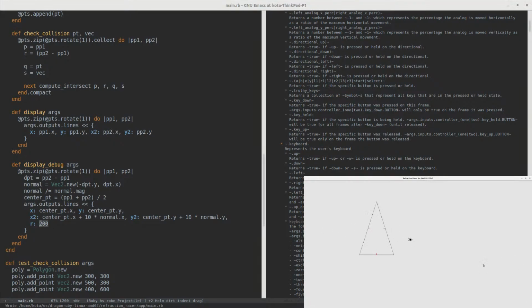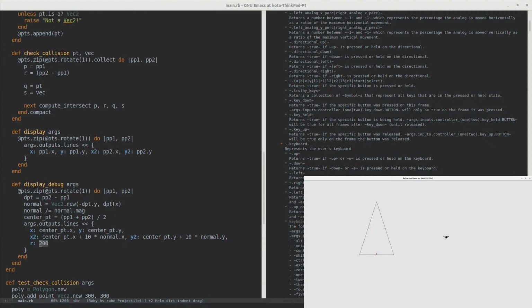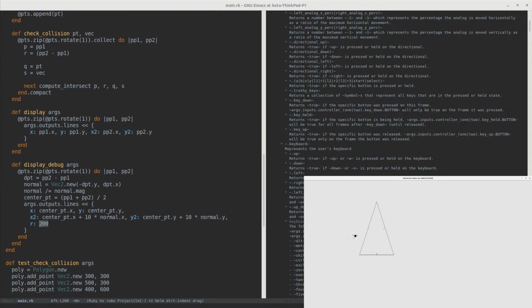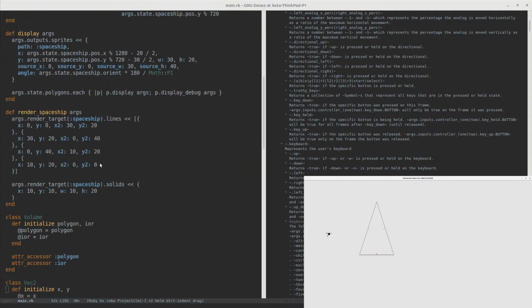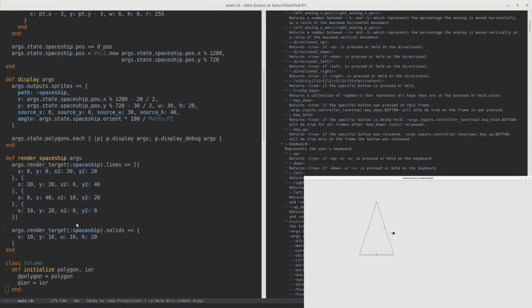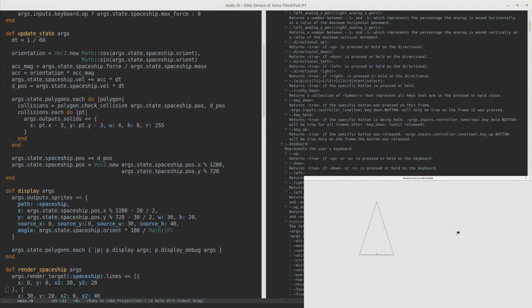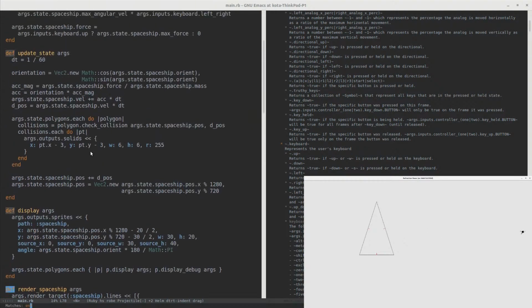Okay. So now we have our normal vectors, which is useful, but our normal vectors are only useful if we have somewhere that we use them. So let's look at our render spaceship. And for each of our polygons, we currently show where the collisions are.